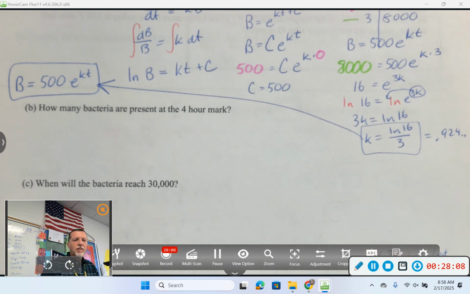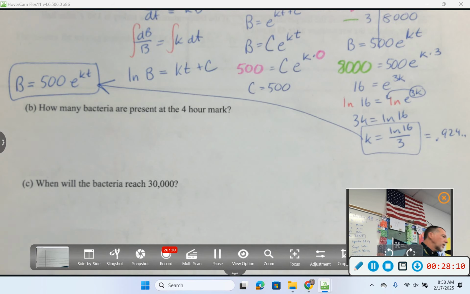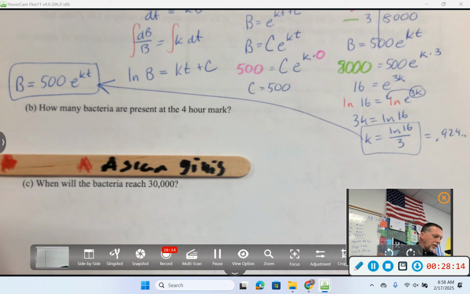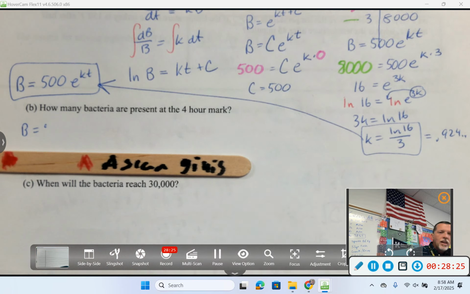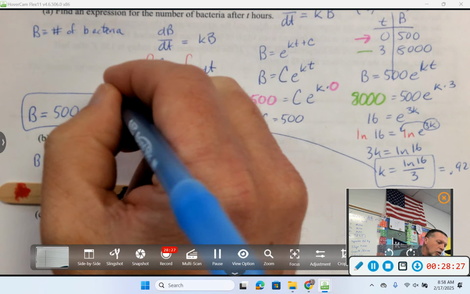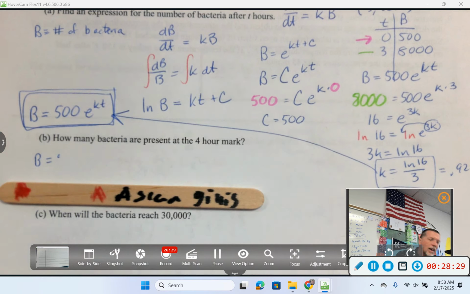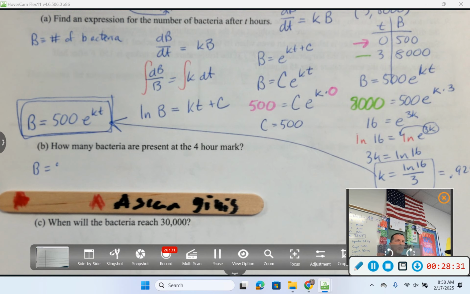How many bacteria are present at the 4-hour mark? So, Aslan, what am I going to do to answer that question? Set T is 4. What's the answer to the last question? So the answer to that last question was this formula, because it wanted an expression, not like a number answer.